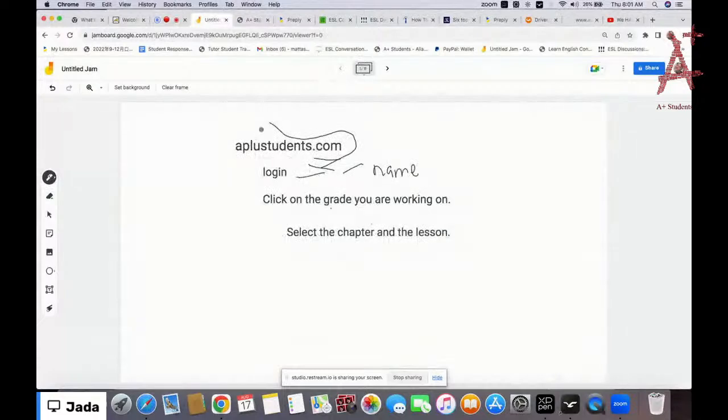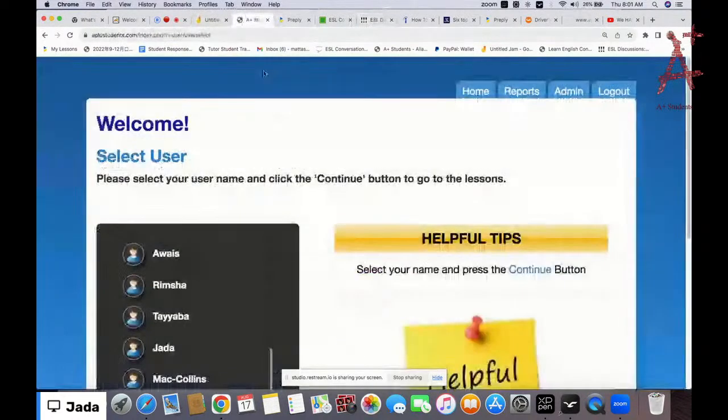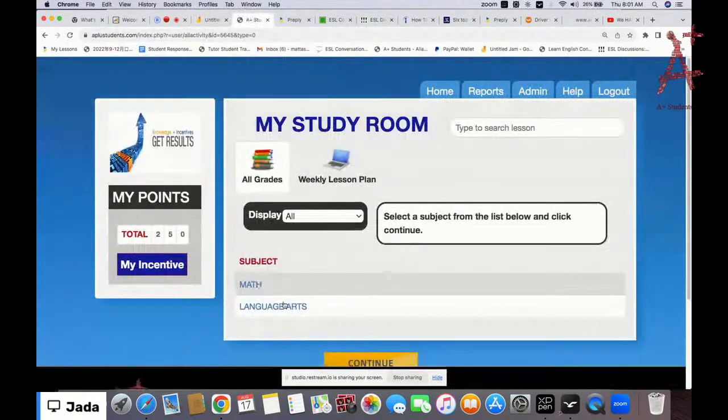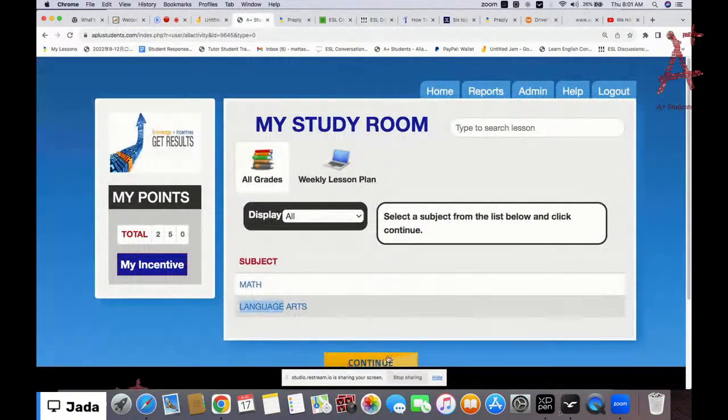Okay, first, what you need to do is log in using aplusstudent.com with your email and your password. After that, you just click on your name, and then language arts.